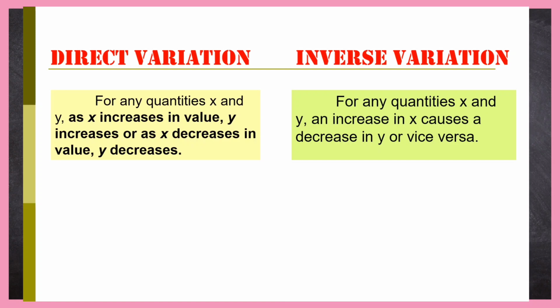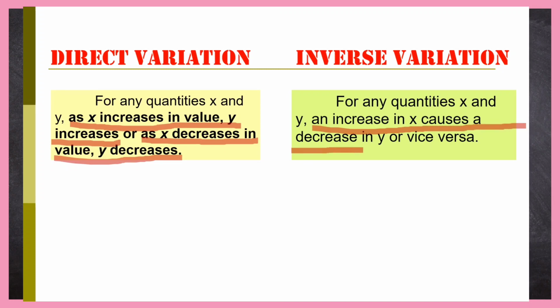When we say direct variation, for any quantities x and y, as x increases in value, y increases. Or as x decreases in value, y decreases also. Unlike in inverse variation, for any quantities x and y, an increase in x causes a decrease in y, or vice versa.